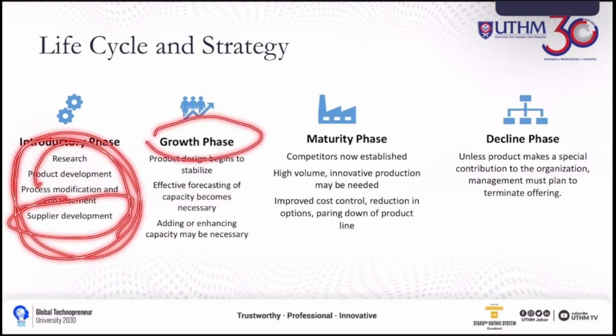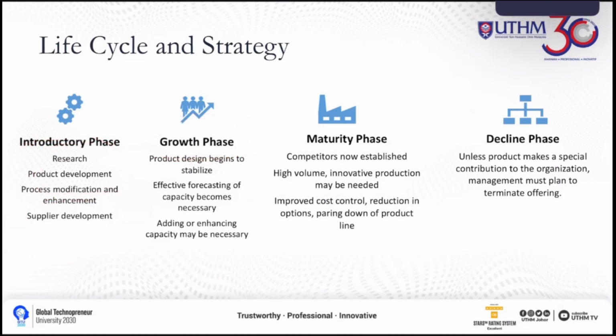cost. And then on the growth phase, your product begins to stabilize, so effective forecasting of capacity becomes necessary. Adding or enhancing capacity may be necessary here because you know that your product is already known, you have a lot of demand here, so you need to consider adding some capacity here.